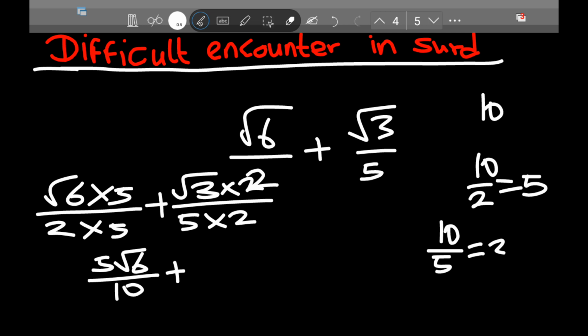Then 2 times root 3. It simply needs to move behind the square root symbol, to give you 2 root 3 over 5 times 2, which is also 10.